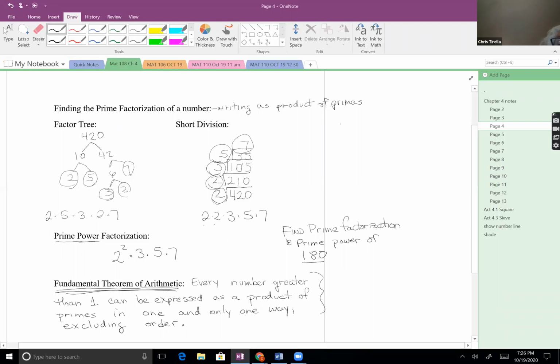And again, it's up to you whether you use a tree or that short division. One method or another, could you give me the factorization of 180?